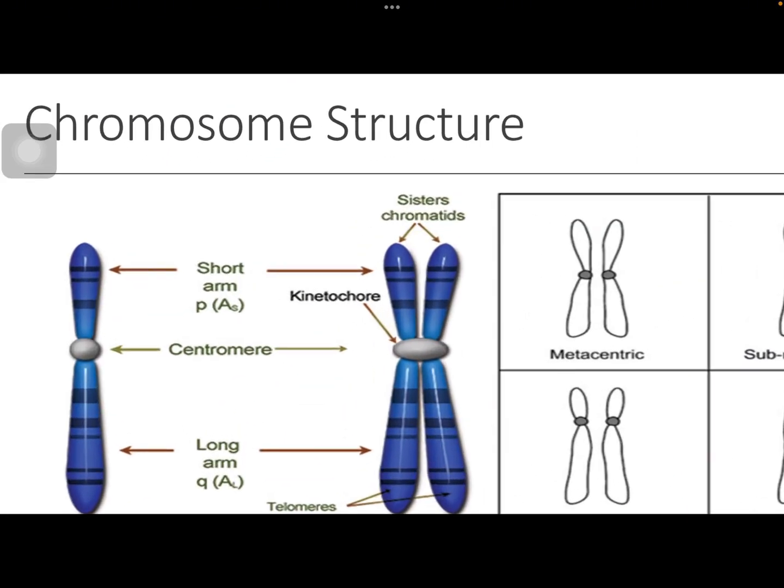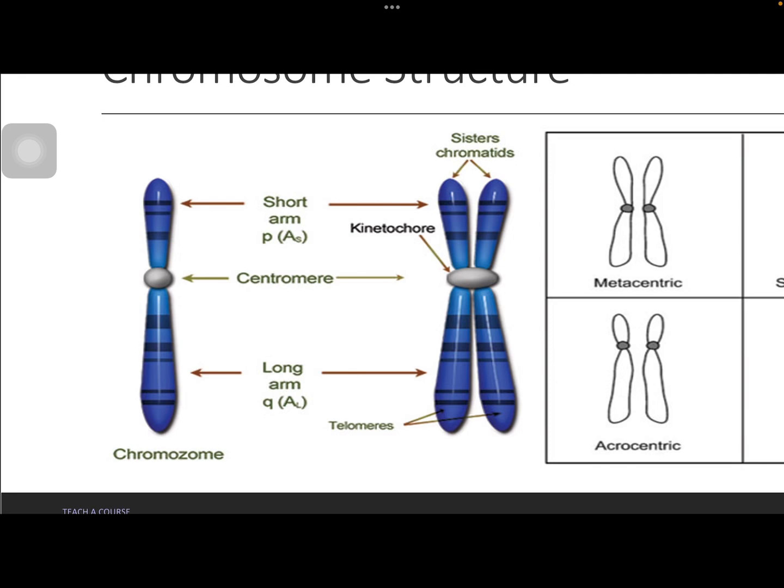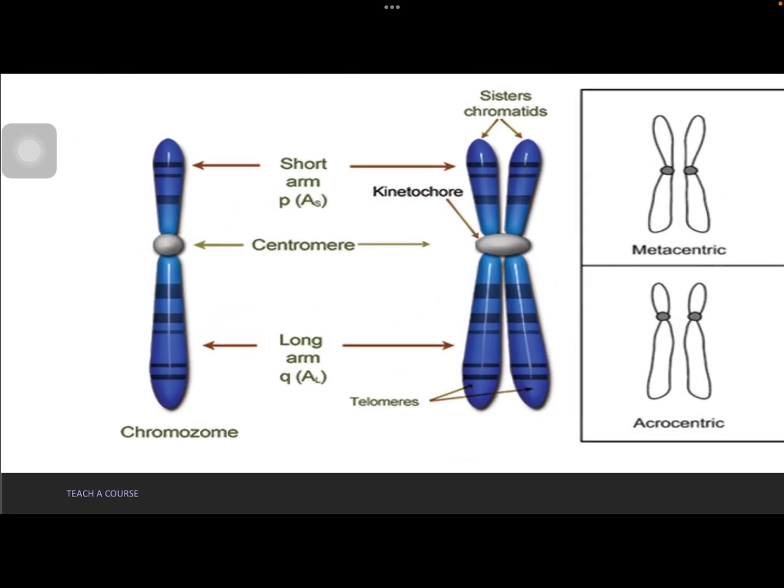Now, this is what I told you, class. This is what we call the chromosome structure. Once again, we count the number of chromosomes based on the centromere. Do not confuse the centriole with the centromere. The centromere is a part of the chromosome, while the centriole is an organelle that produces our spindle fibers. Both of these are considered chromosomes, but to be specific, these are chromatids, with two sister chromatids.